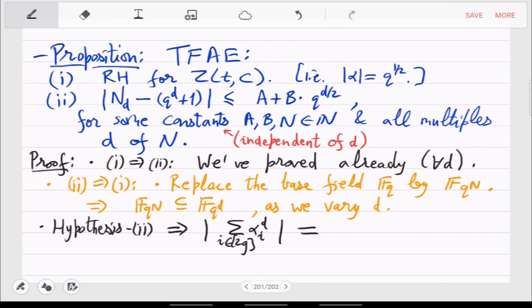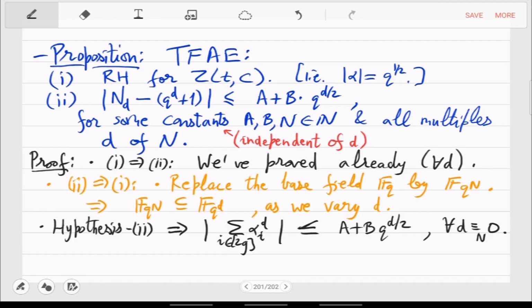So let's use that formula. So the norm of sigma alpha i to the d is less than or equal to a plus b q raised to d by 2, for all d divisible by n. That's exactly the hypothesis. From here we have to deduce that the norm of alpha i is square root q.